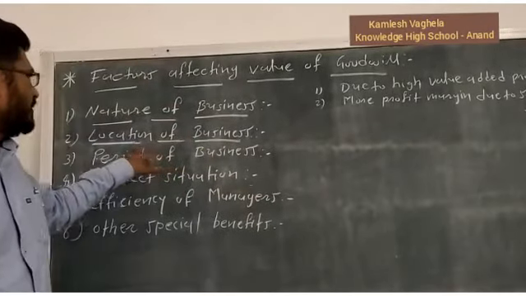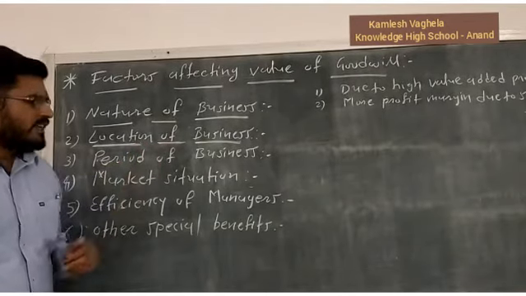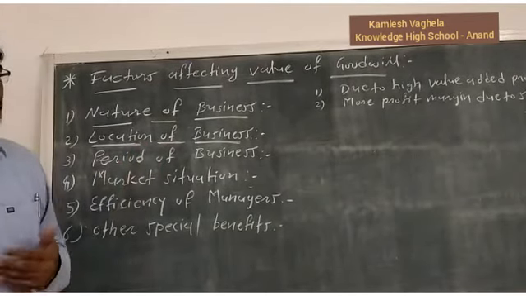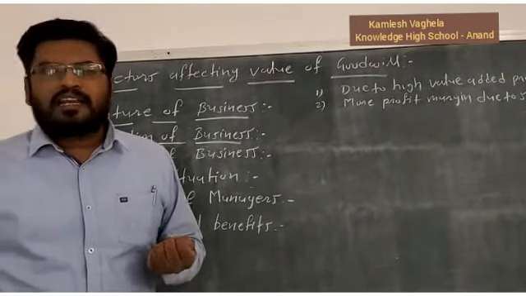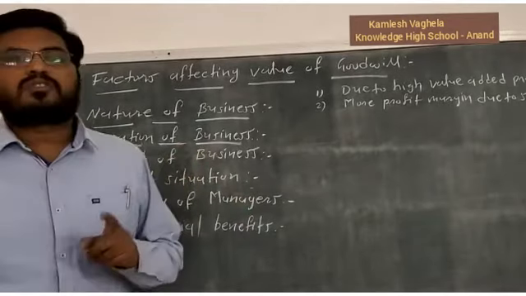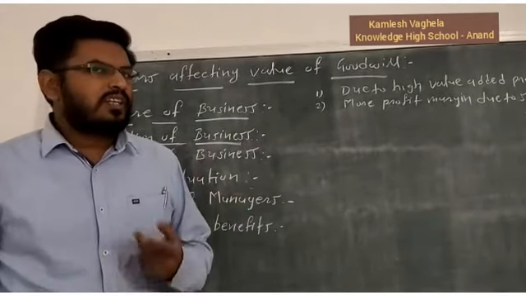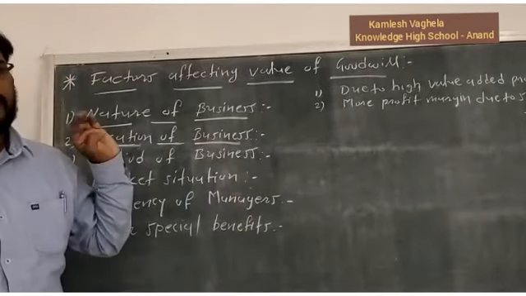When our business is located in a rapid area, then we get more number of customers. As and when we have more number of customers, our sales automatically increase, and when our sales increase, our profit will also increase. And as we know, as and when profit increases, goodwill will also increase. Clear?